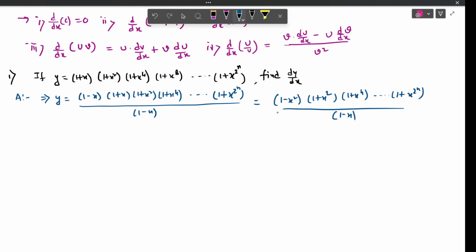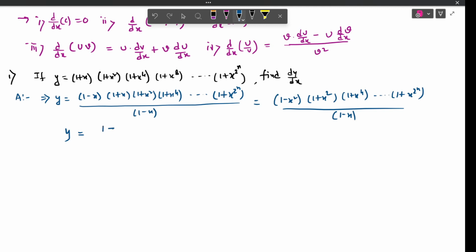उसके बाद हम लोग क्या कर सकते हैं, यहाँ पे देखो ये फिर से a माइनस b, a प्लस b, so इसका माइनस b इसका मतलब x to the power 4 होगा. ओके, तो इसका मतलब जो y होगा वो x to the power 2n तक जाते जाते x स्क्वायर है, तो ये हो जा रहा है x to the power 4, राइट. मतलब जो है उसका स्क्वायर हो जाएगा, तो लास्ट में x to the power 2n है तो उसका स्क्वायर हो जाएगा, मतलब x to the power 2n into 2, मतलब x to the power 2n plus 1.